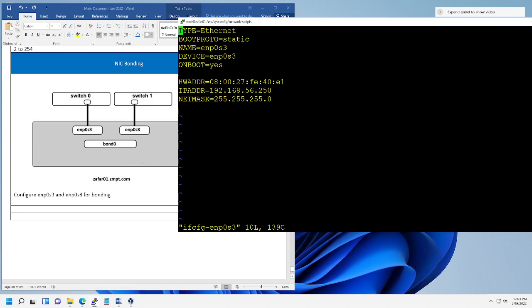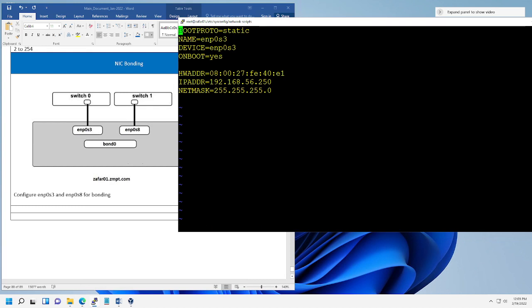Now I have to make some changes here. Okay, so what I need here is TYPE=Ethernet. I don't need that information here. And I have DEVICE=ENP0S3.